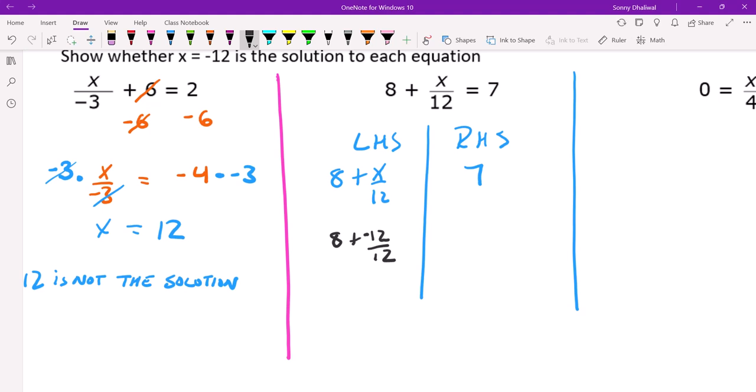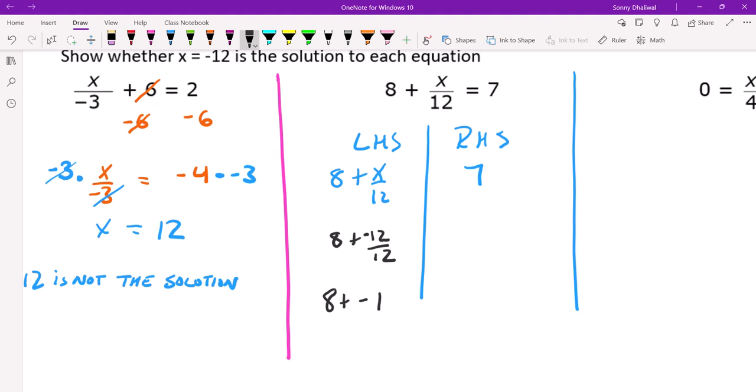So what math operation do I do first? We have to go back to BEDMAS rules. The division. So we have negative 12 divided by negative 12. What number do we get? Negative 1. So we have 8 plus negative 1.